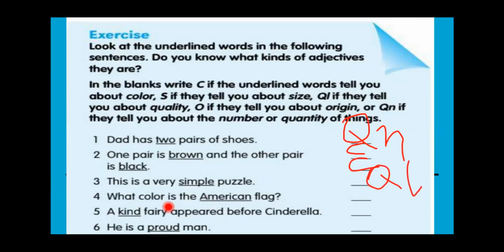Next, what color is the American flag? So American, O, origin. Capital O. Next, a kind fairy appeared before Cinderella. Kind, quality. The word kind is quality. It's telling you the nature. QL.